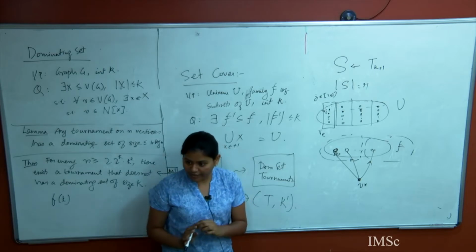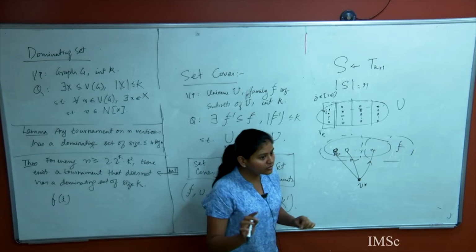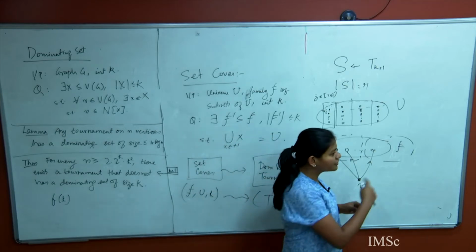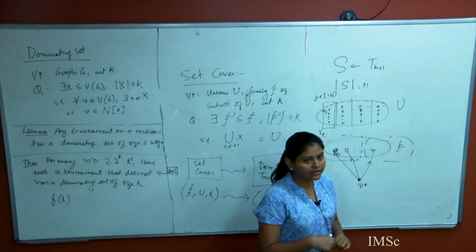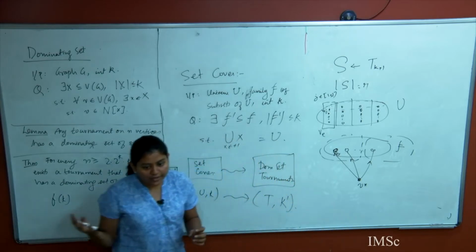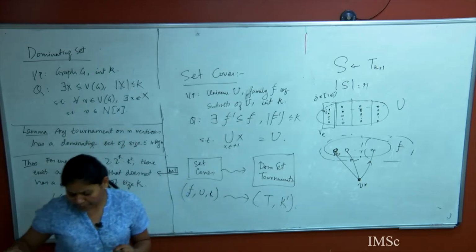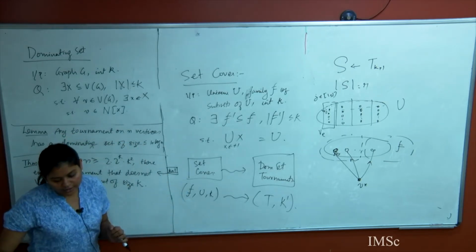Okay, so this will be our goal. This is why we add this extra vertex. And of course we have to do more work, because eventually we want to create a tournament and not just a directed graph, because for directed graphs we have already shown that the problem is hard. Okay. So now let us see what other edges we have.